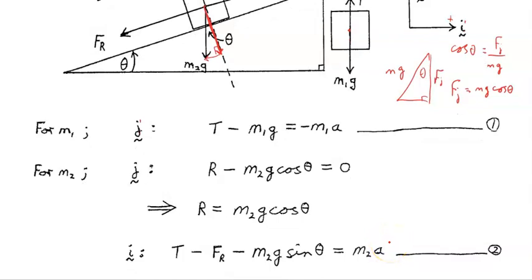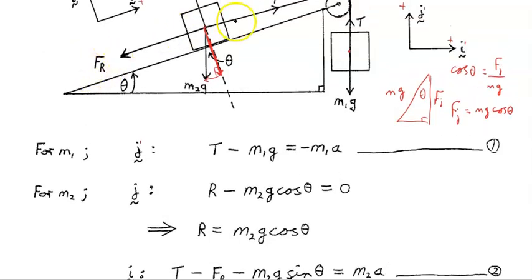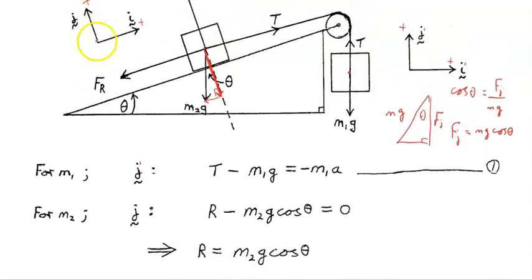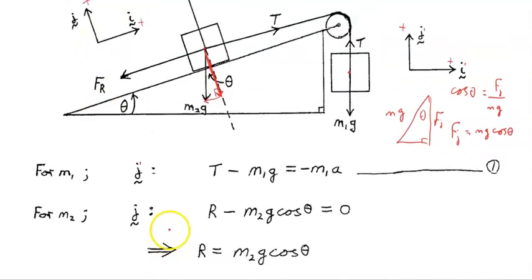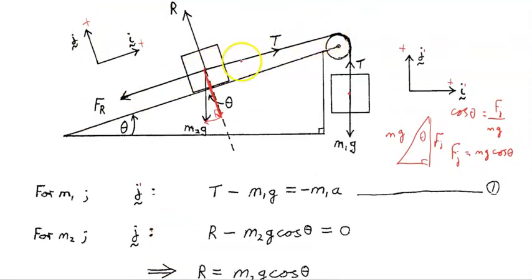On the plane, in the i direction now, we know that we're on the plane because of the friction forces involved, we're talking about this one. So in this direction, up and down the plane, in the plus direction, we have the tension force.